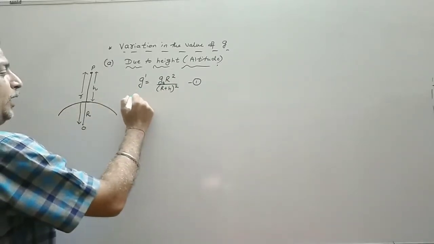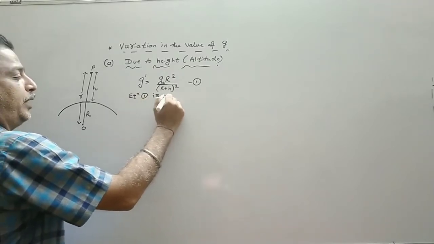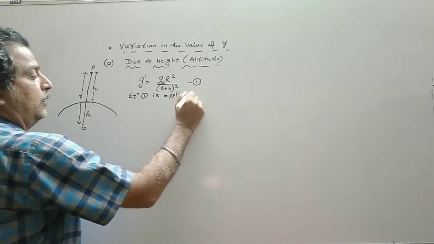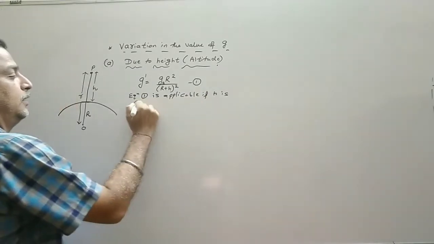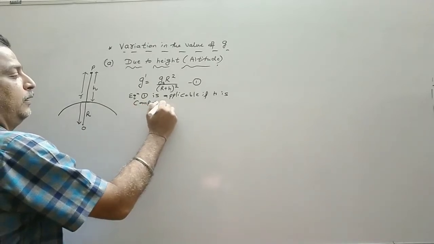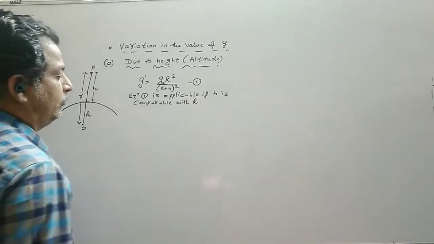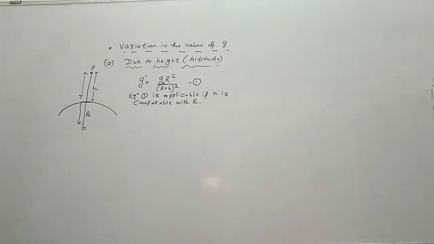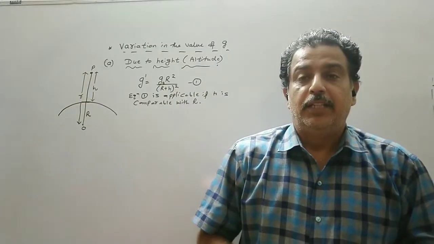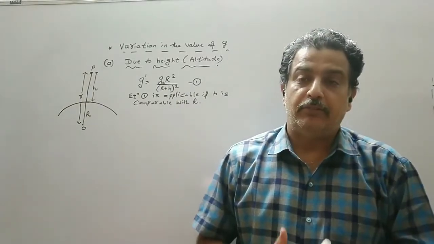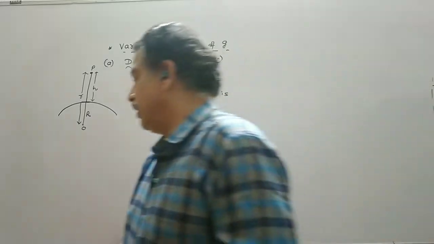Now equation 1 is applicable if h is comparable with R. We know the value of R is 6400 kilometer. So if the value of h is of the order of 1000 kilometers, then we apply this formula.